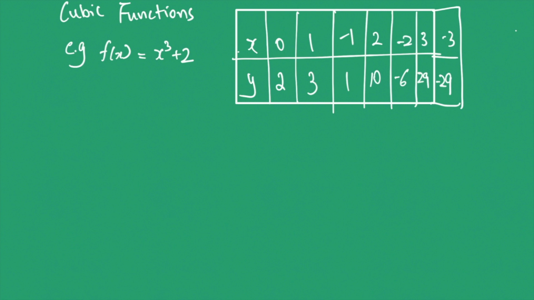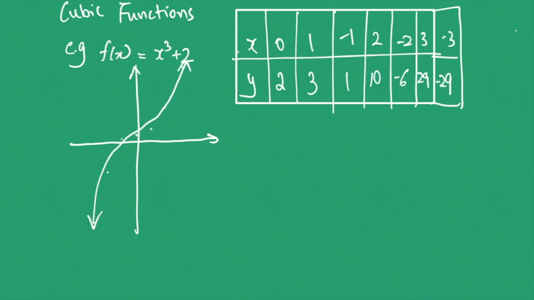Okay, so according to this table of values, we can sketch the graph by lining up the coordinates. We will eventually get something like this. And the function can have any real x or y value, so the domain is negative infinity to infinity, same as the range.